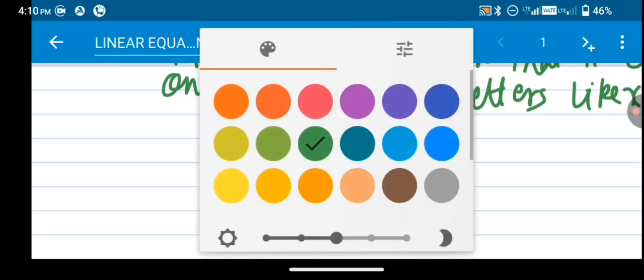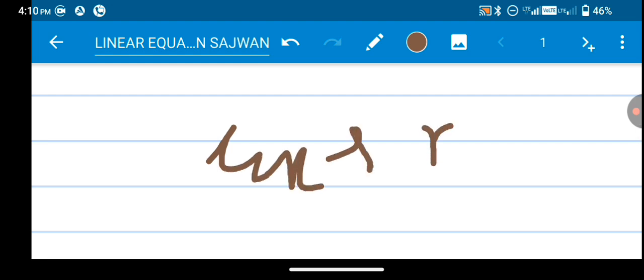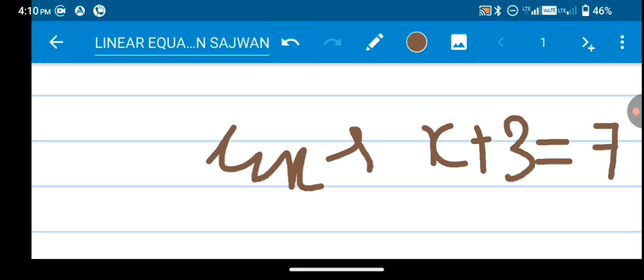Suppose we take an example like this: x plus 3 equals 7. How will you find the value of x?